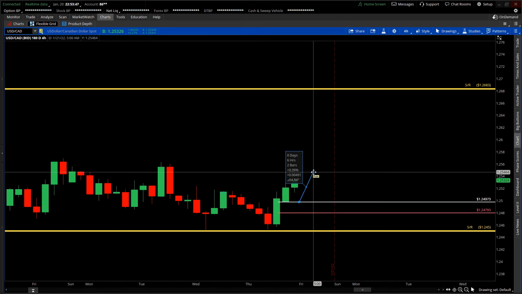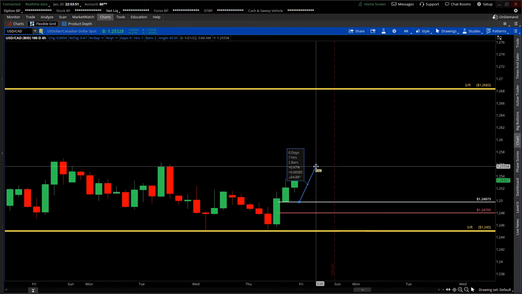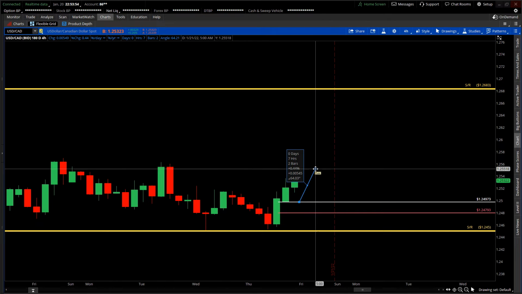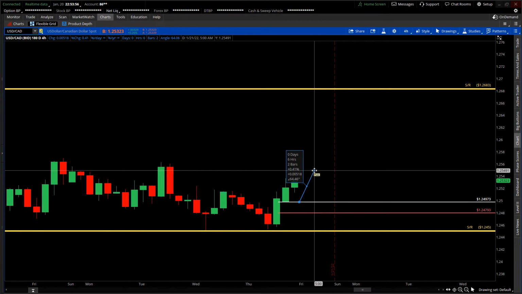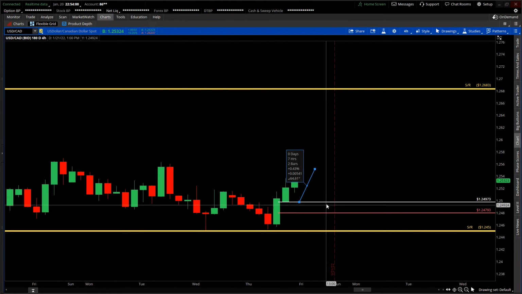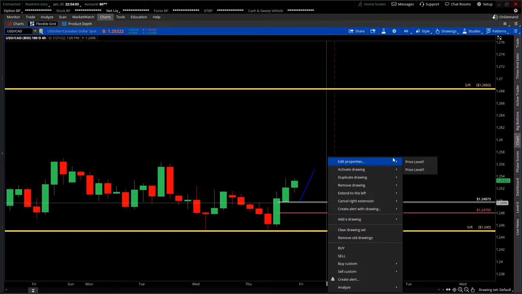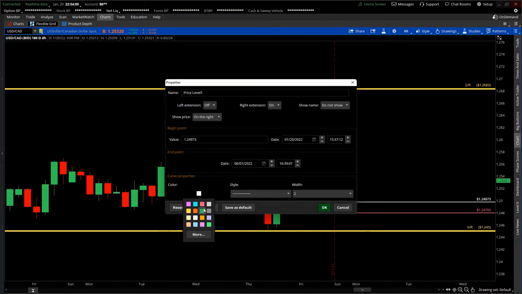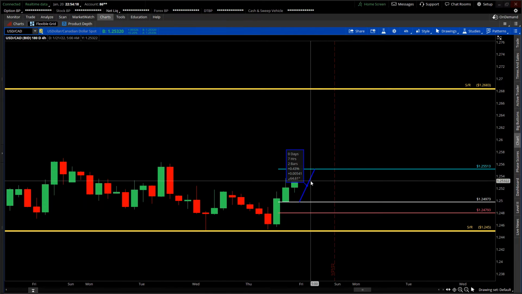So my take profit is 50. Well, I'm going to round it up to 54, because then that would be a 3-to-1 reward to risk at 54. So that target price is 1.25513.